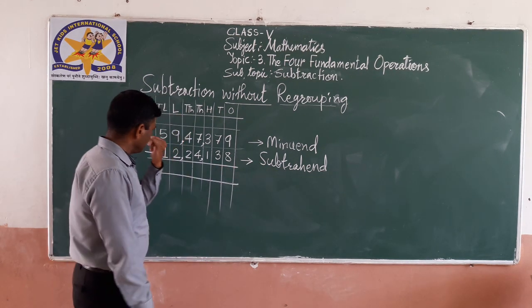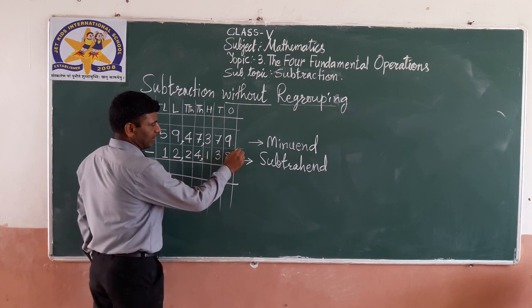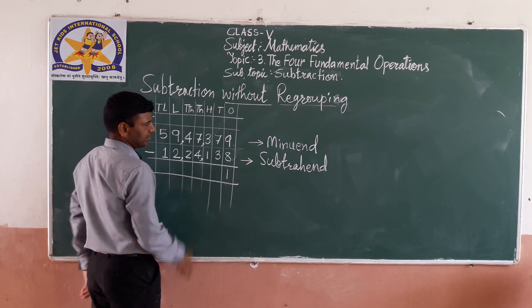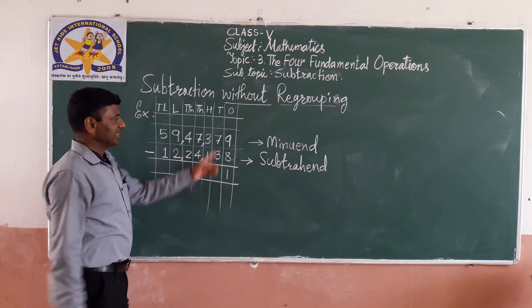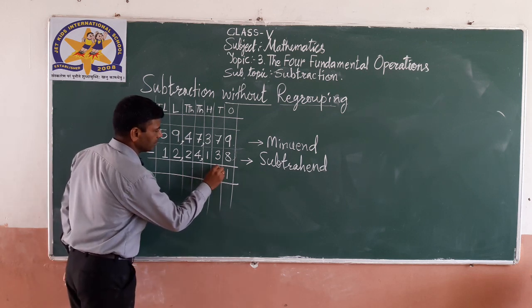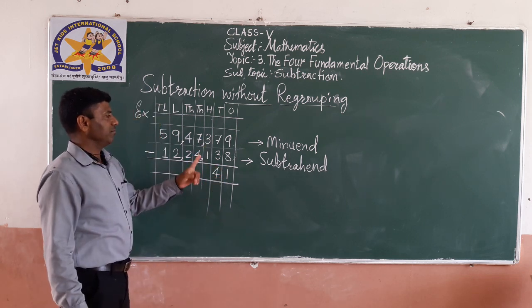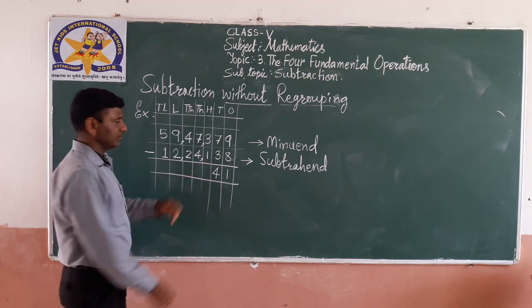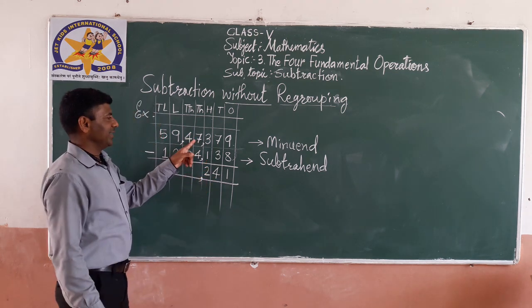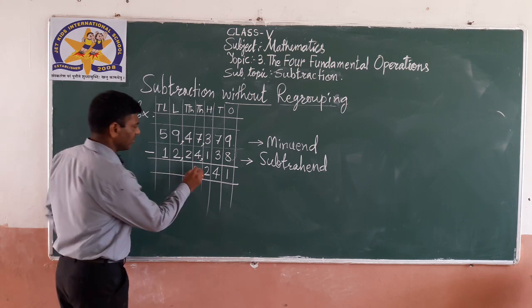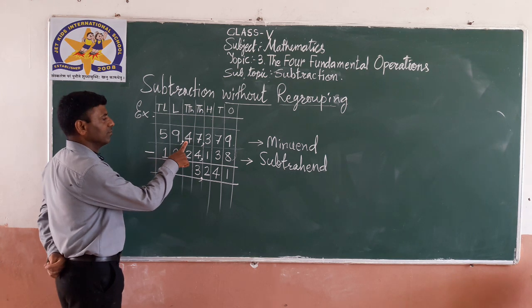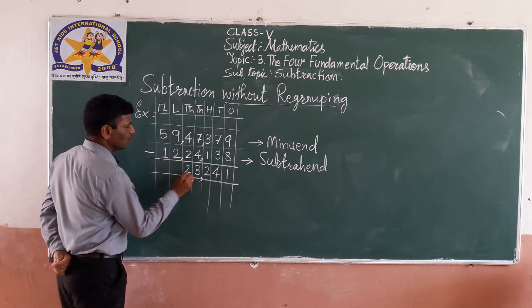Let's see. 9 minus 8, 1, you know very well. 7 minus 3, 4. 3 minus 1, 2. 7 minus 4, 3. 4 minus 2, 2.